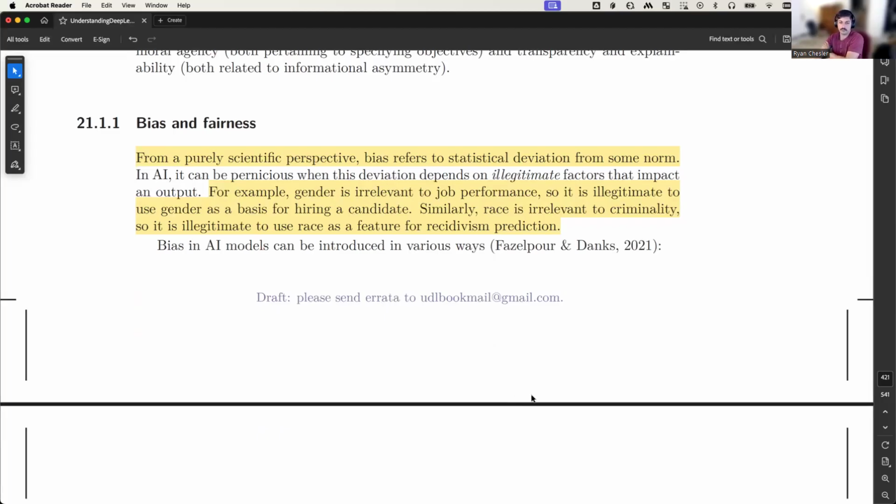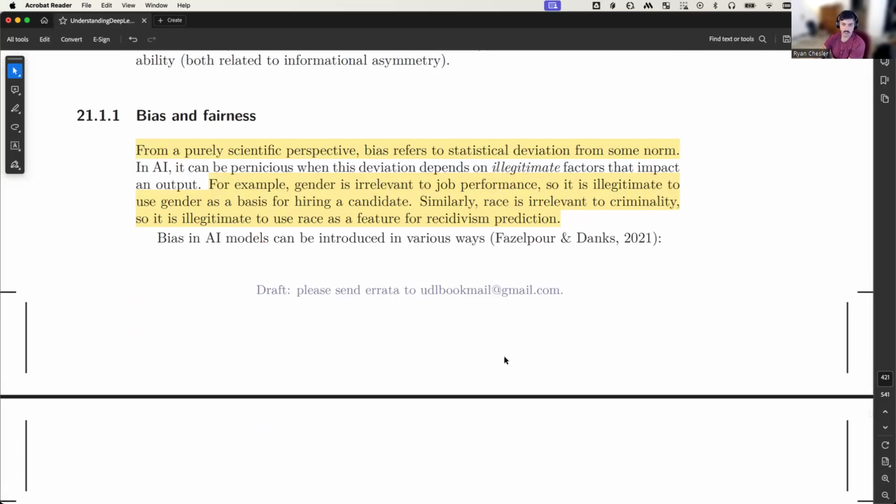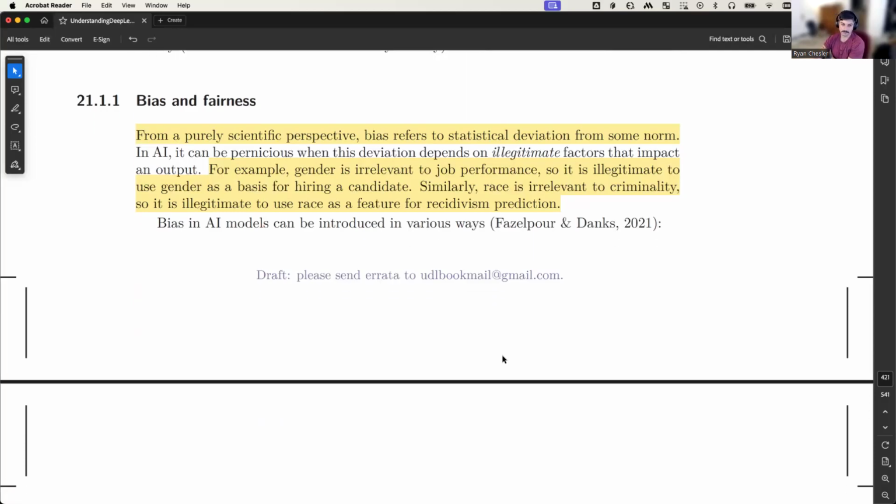So one of the big topics is bias. You don't want your models to be biased and cause certain things to happen. It's kind of difficult to define.